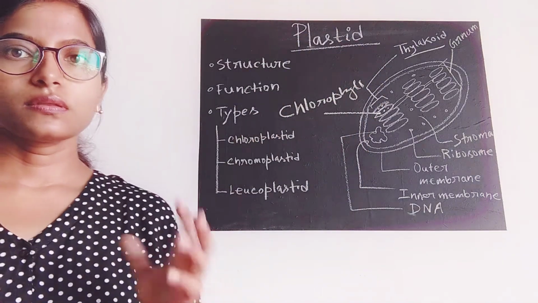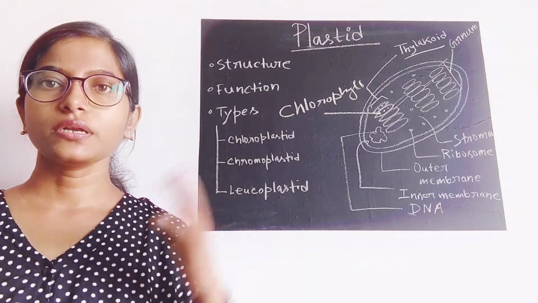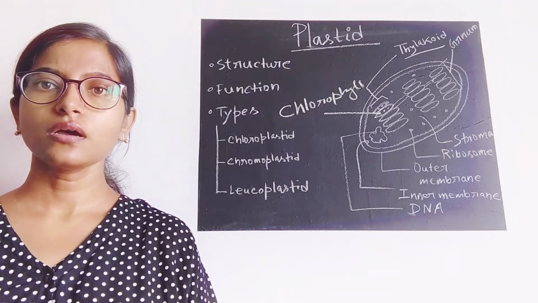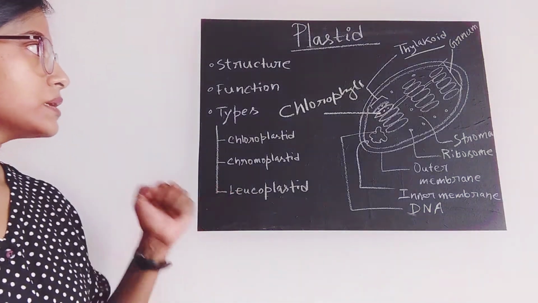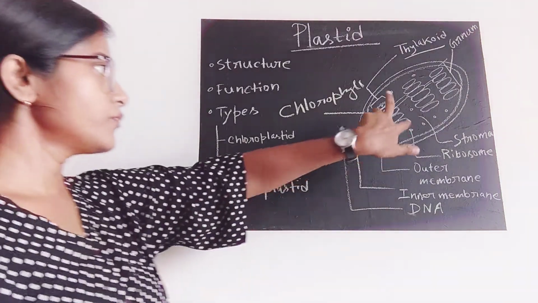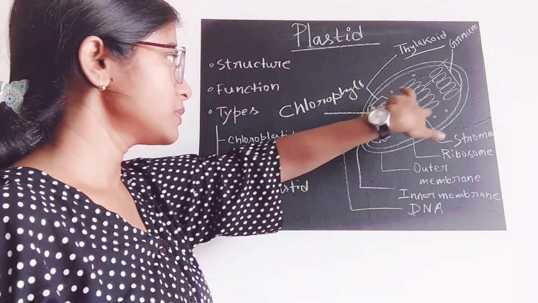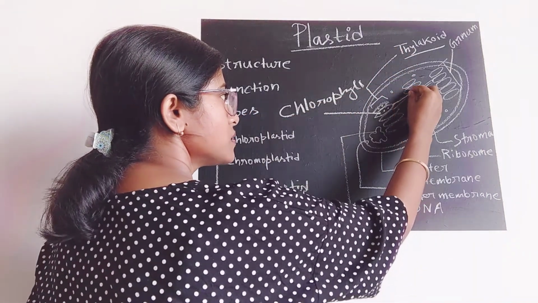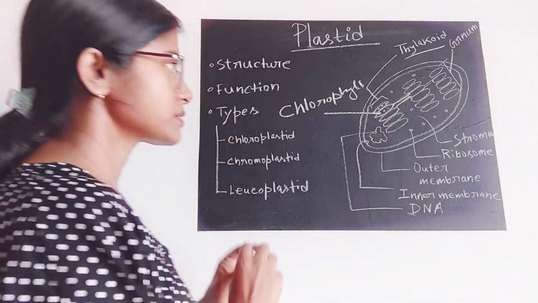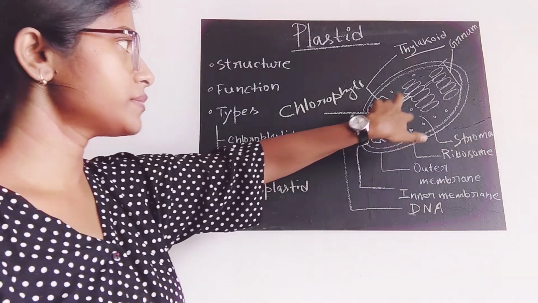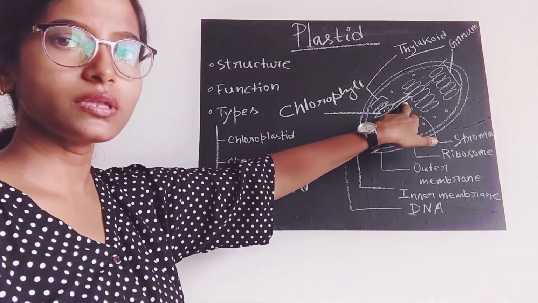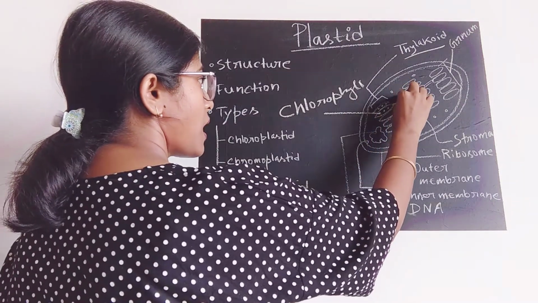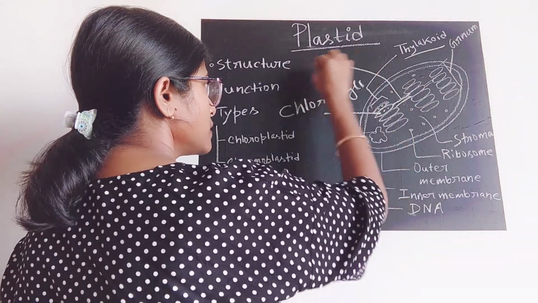We'll talk about the function of chlorophyll and all for the functioning of the plastid. After granum, we'll see that the grana are connected with each other with a tube-like structure, and these tube-like structures are called lamella.